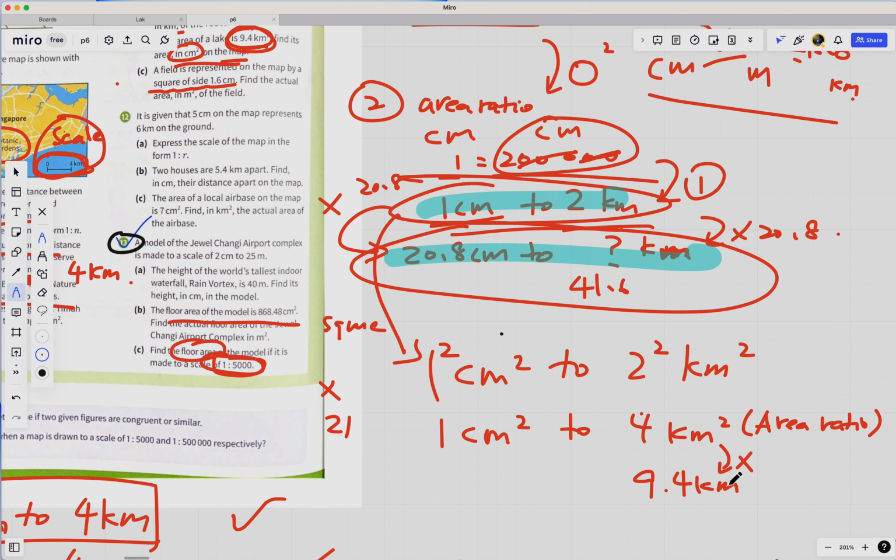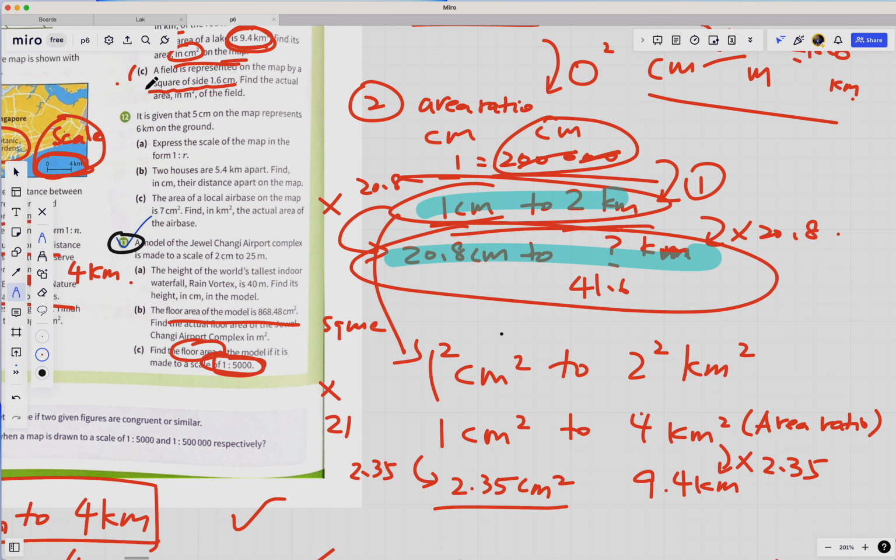Times 2.35. Very good. So over here also must times 2.35. Right? So therefore it's 2.35 cm square. That's the answer. Right?